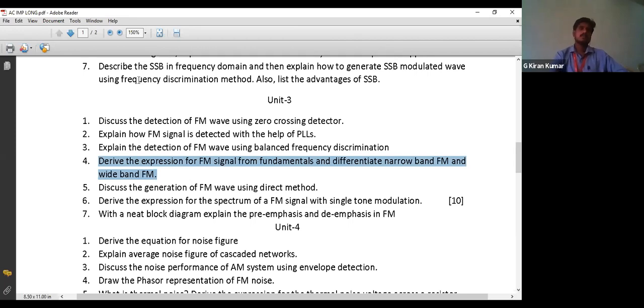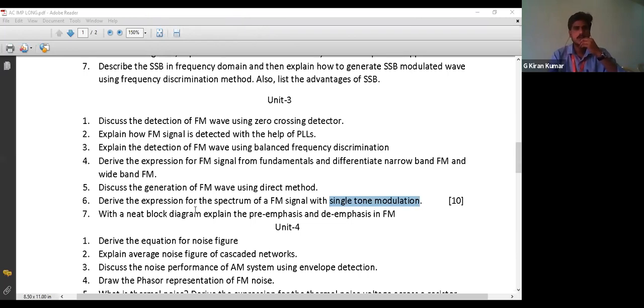And here you can see the spectrum. Here they mentioned single tone modulation. Is it clear now? Okay, fine.